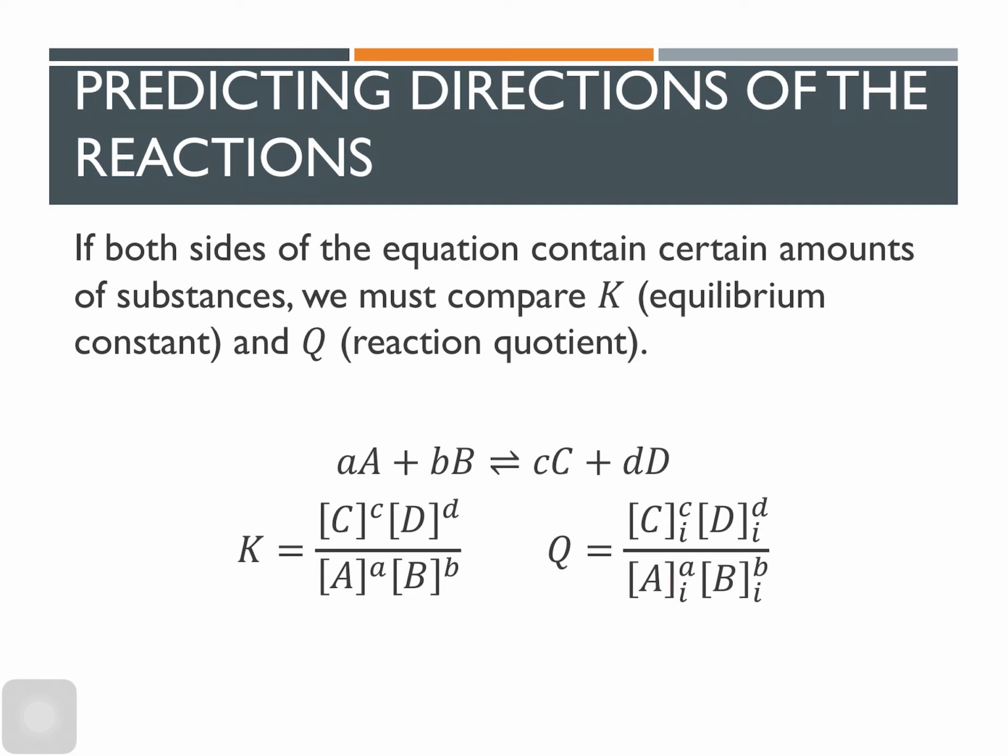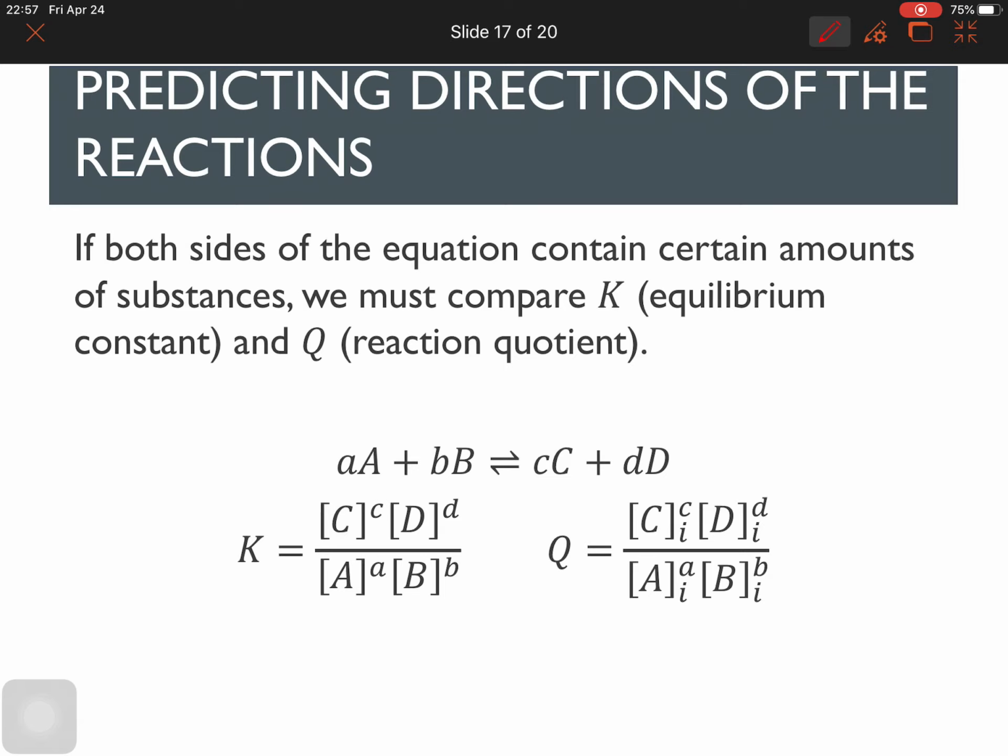So that means K and Q are similar. However, there's the subscript i. The subscript i tells you that the concentration is in the initial state. So all the concentrations in Q should be the initial concentrations.